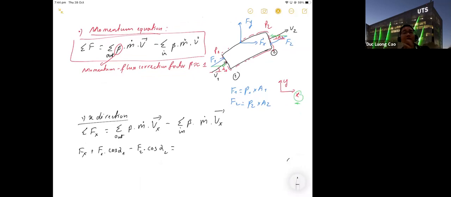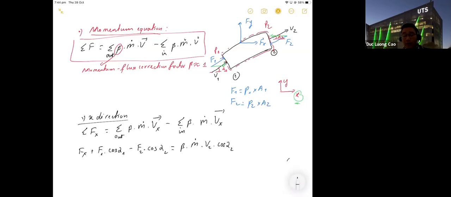Out means state 2. So you have beta m vx out, or v2x, or v2 cos alpha 2.